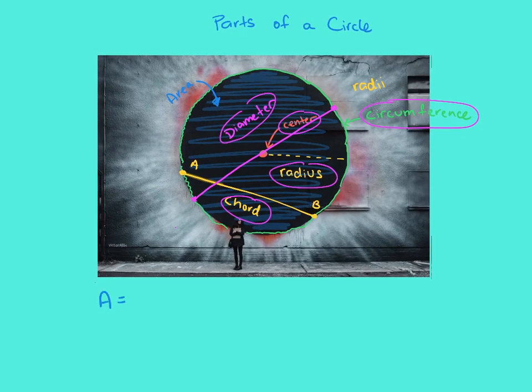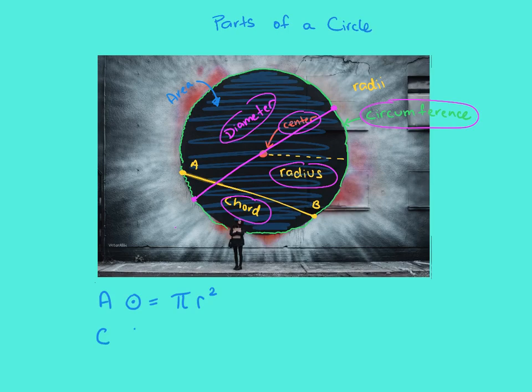Anybody know the formula for the area of a circle? It's pi times r to the second power. Excellent. Good. R squared. Excellent. And not the area, but the circumference.